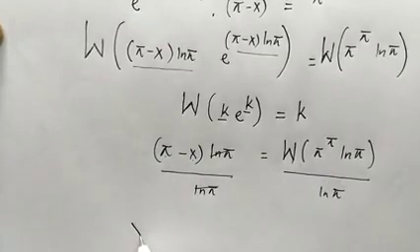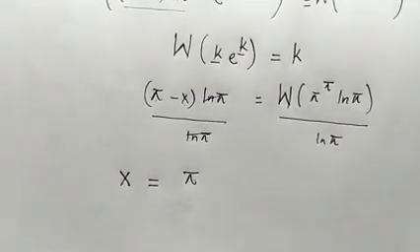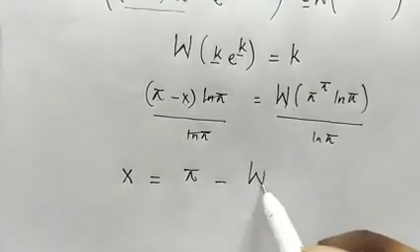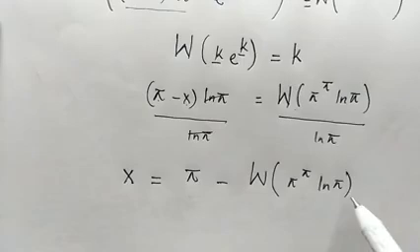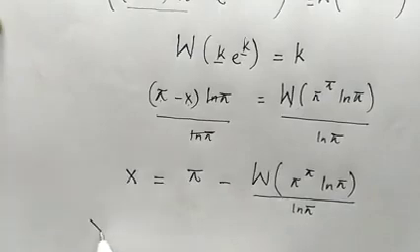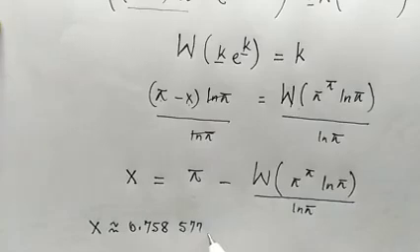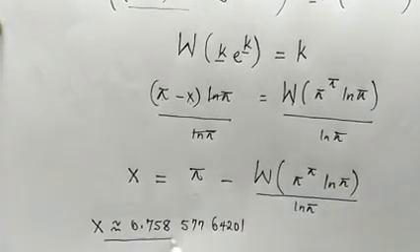So we get here x is equal to pi minus the Lambert W function of pi raised to the power of pi times the natural log of pi, then divided by the natural log of pi. So here we get x is approximately equal to 0.75857764201. So this is our solution.